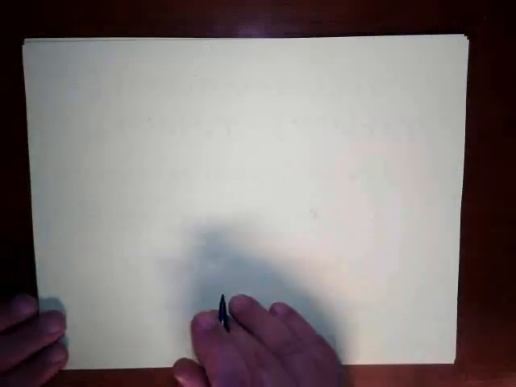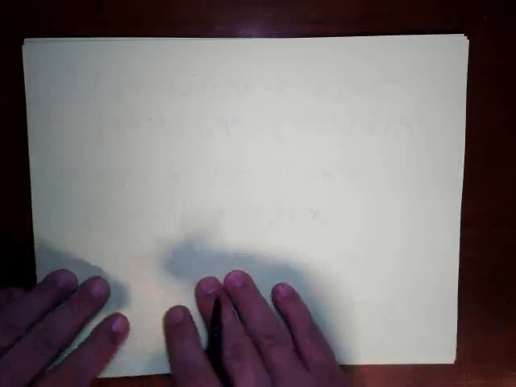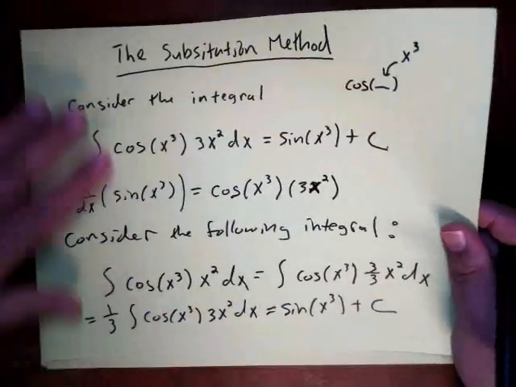So now let me actually write out and show you with some notation here what this is doing, and then let me apply a different method here to do this. Okay, and this is going to be an official substitution method.